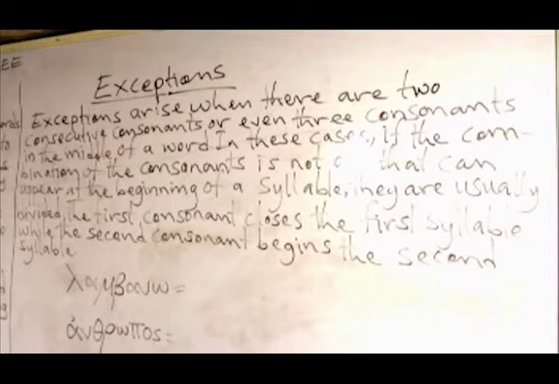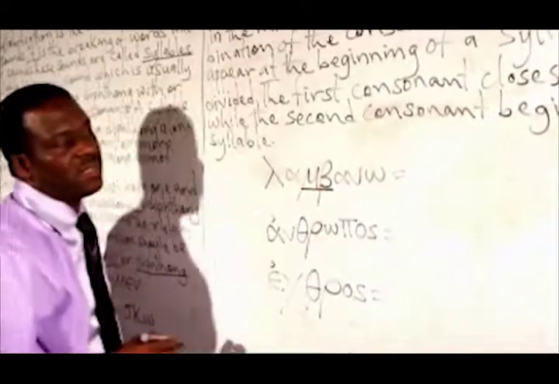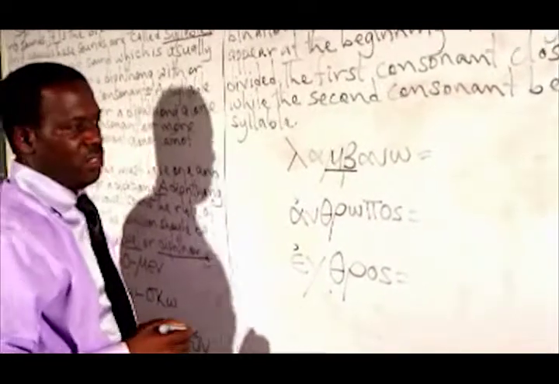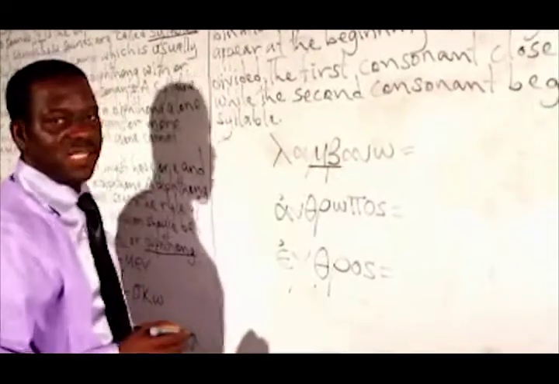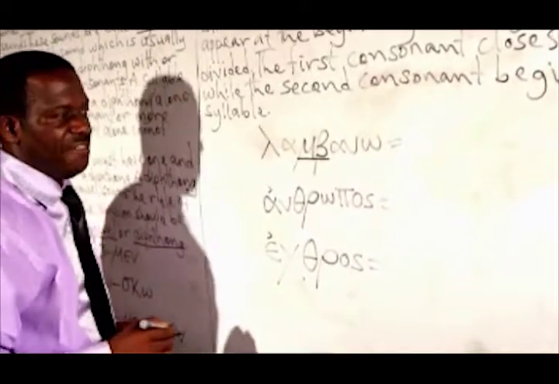We have three examples on this. The first one is lambano. In lambano, we have two consonants that appear consecutively in the middle of the word. So these two cannot start the next syllable, so they will be divided.